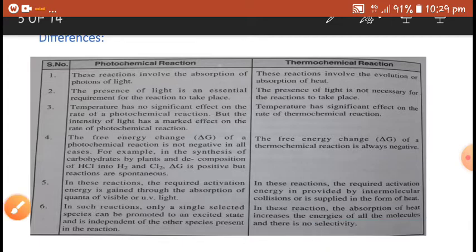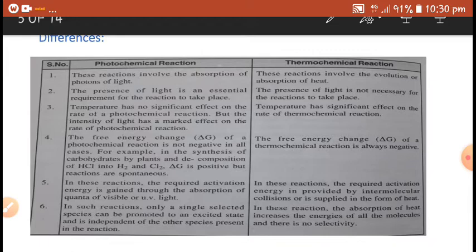The absorption of heat increases the energies of all the molecules and there is no selectivity. So if we supply heat, then the whole set of reactants will be excited in thermochemical reactions.